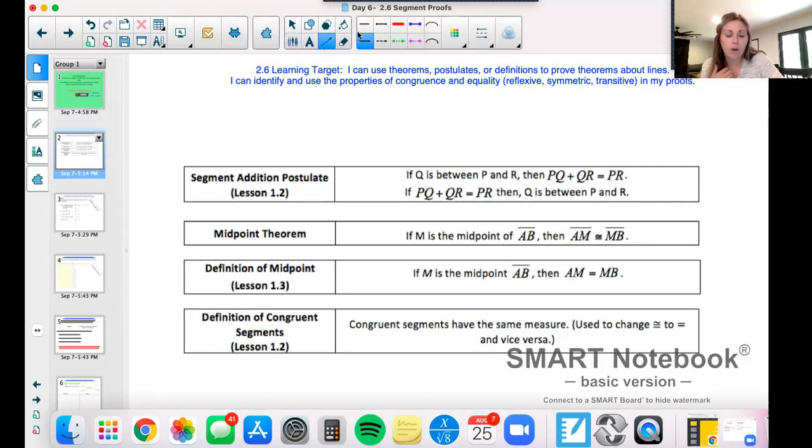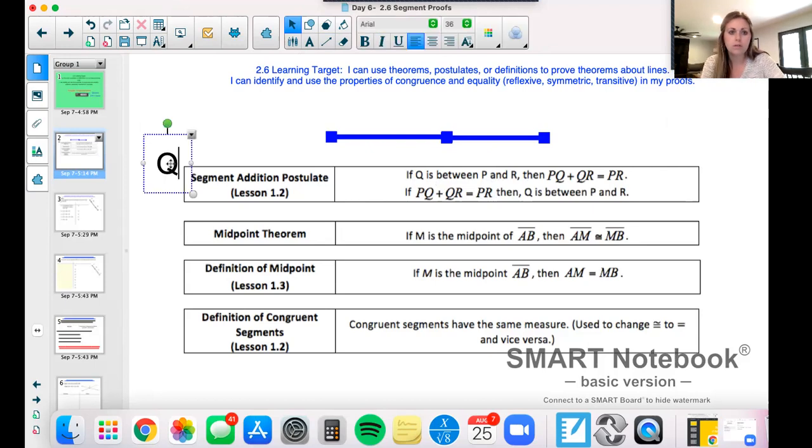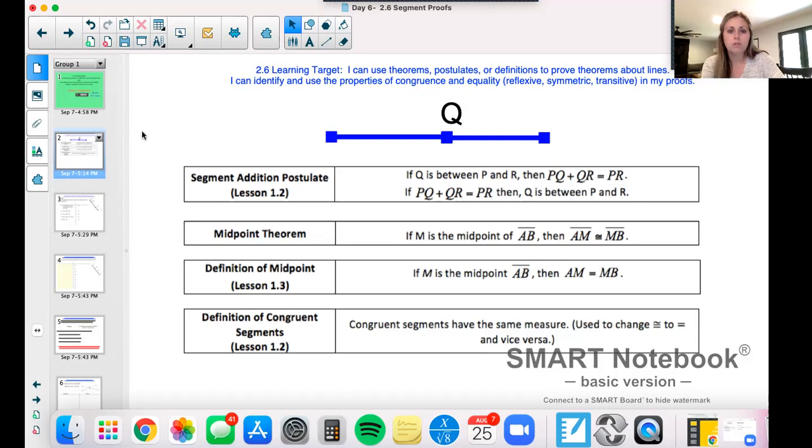So for example, I probably should have drawn this before I started this video, but it's fine. We'll do it this way. Okay. So for example, with the segment addition postulate, if the point Q is in between the point P and R. So here we have one large segment, PR.